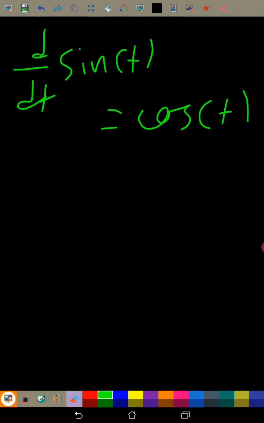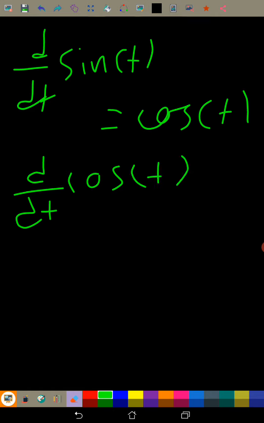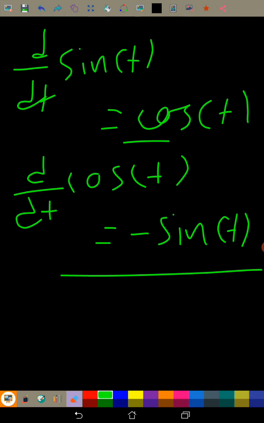This is something useful. Differentiating cos t gives you minus sine t. This is also useful, and I'm not going to get into the others, but these two are most useful.